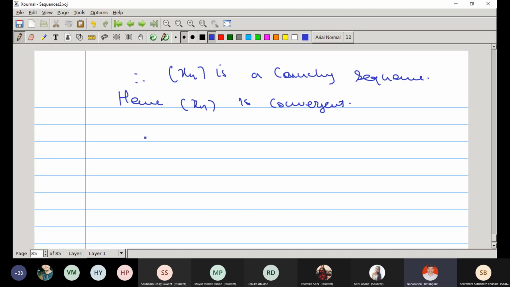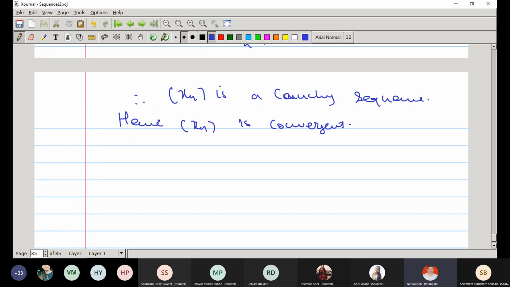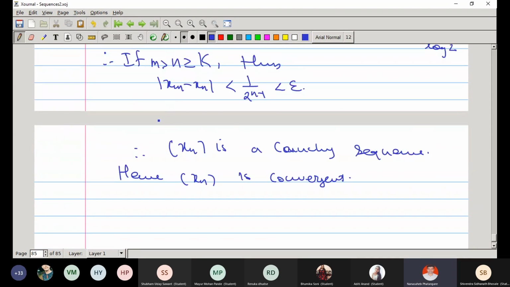For that you need more things, but right now we are just interested in convergence, right? So you can do some experiments like this. We found that ym minus yn is less than 1 upon 2 raised to n minus 1. So this is true for every m and n.